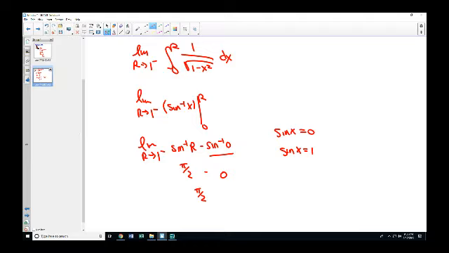We are confusing x and y values. At 3 pi over 2, sine is negative 1, so you don't want that.